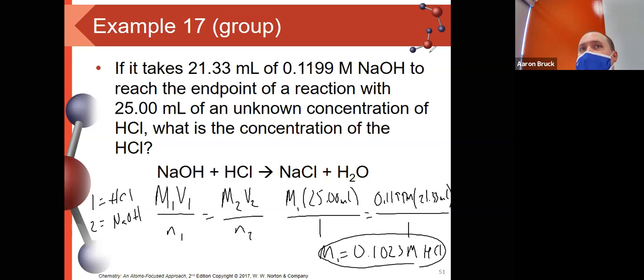But what I want you to recognize is that in the circumstance where we have two solutions, two volumes, two concentrations, it's way easier to go the dilution or the titration equation route than it is to go the dimensional analysis route. You can do it, but it was going to take you a lot longer to get there.